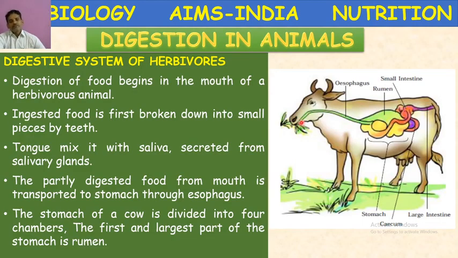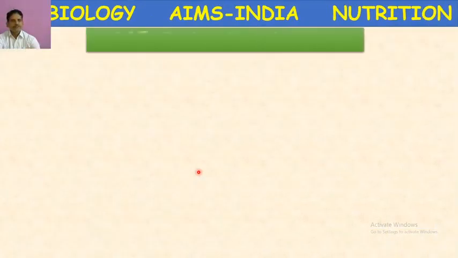Again, the second time the food enters the stomach. This process is called rumination. Examples are cow, zebra, camel, some of the herbivorous animals. They are called ruminants. Let us see how digestion takes place in ruminants.